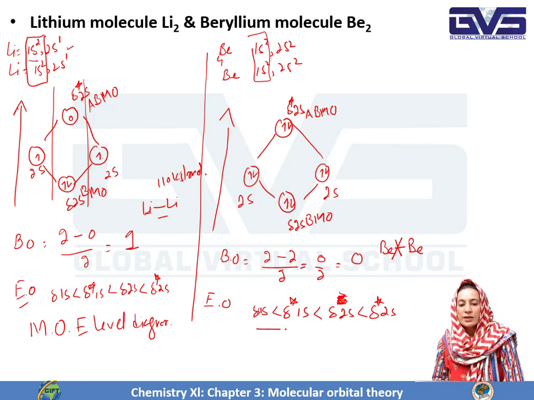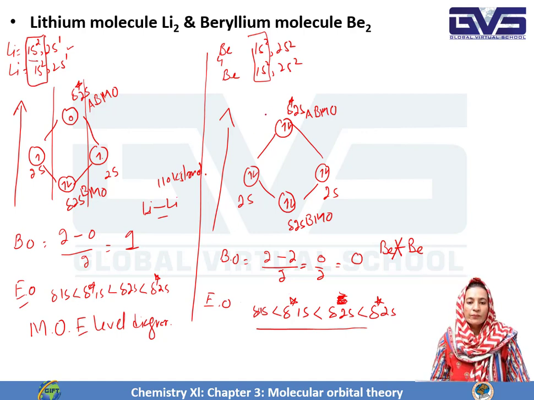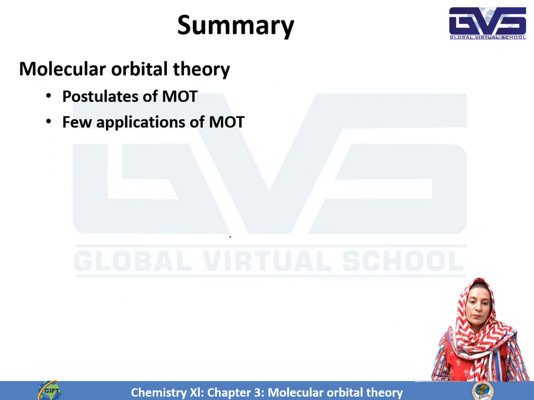So this is the molecular orbital energy level diagram. When you are asked to draw the molecular orbital diagram, you have to draw it with bond order and energy order. So this was all about the postulates of molecular orbital theory and a few applications.